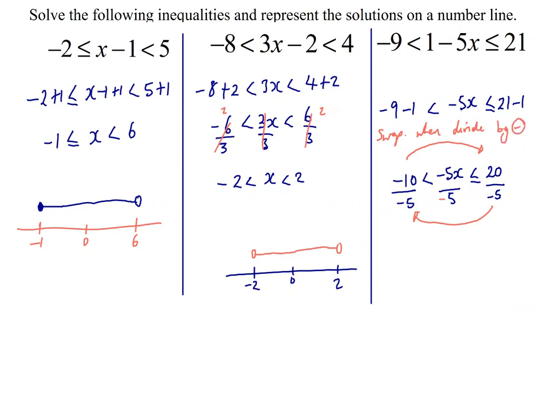So here, what you're going to have now is something like this. For example, let's just cancel here and see what we get. We're going to get 2, then you're going to get -4. Okay, 5 times 4 is 20. Then here you're going to get x like that. So in this case now, how are you going to write it?